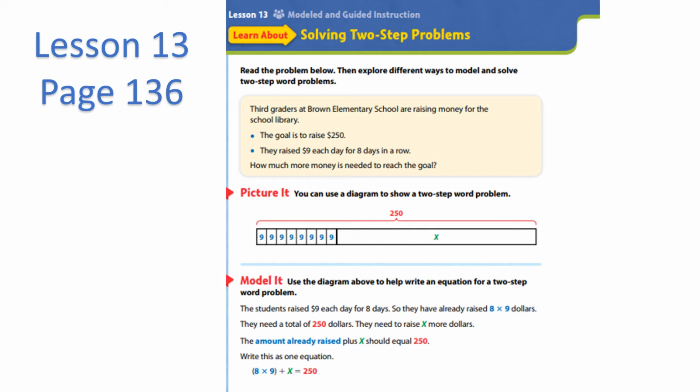That's the part that we're trying to solve. The amount already raised plus X should equal $250. We could write this as one equation, and it could look like the example on your workbook page. 8 times 9 in parentheses plus X, which is what we're trying to solve for, the unknown, would equal 250.